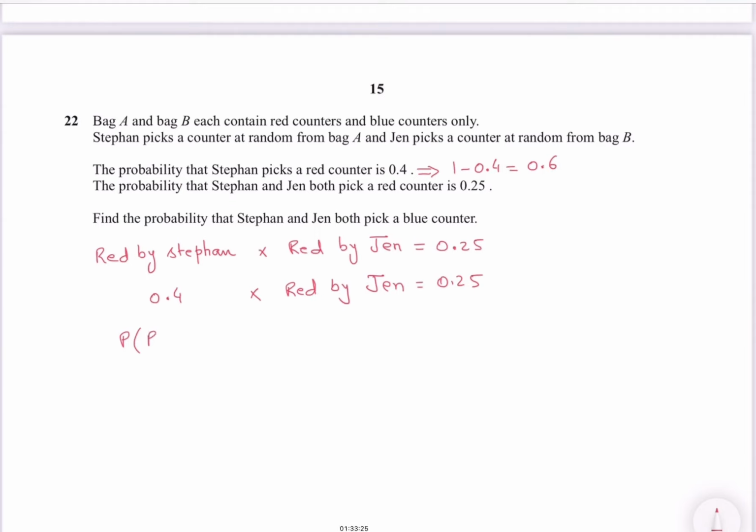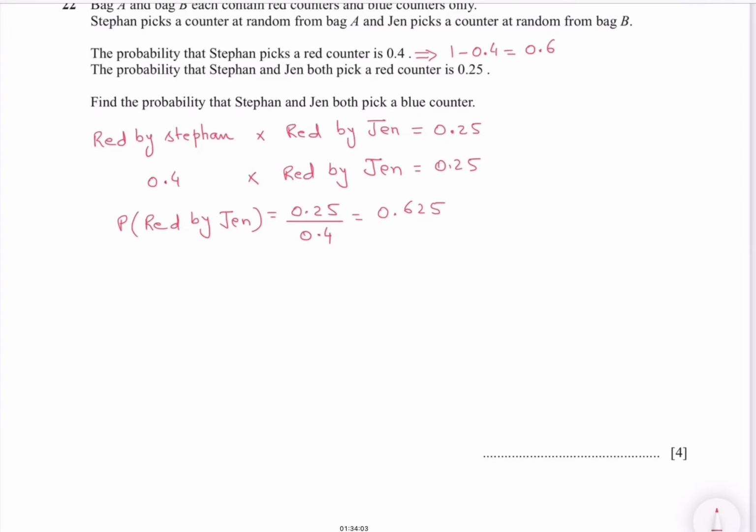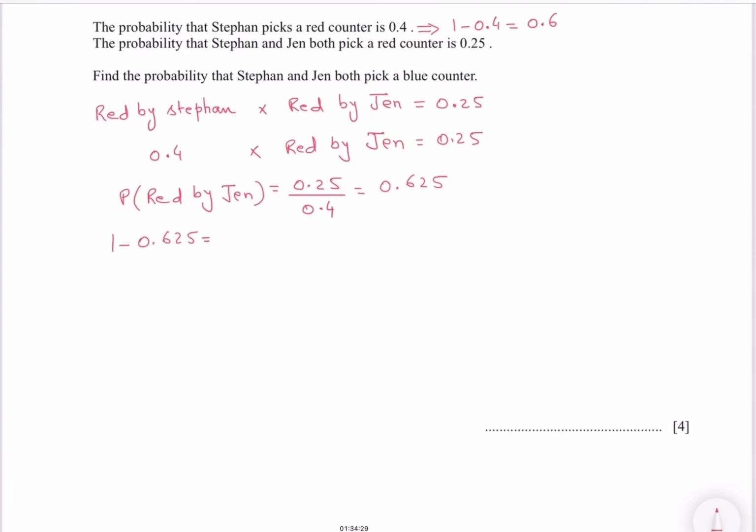So from here you can find out the probability of red by Jen, which is 0.625. So 1 minus 0.625 will give you 0.375. So here, the probability of blue by Stephen and the probability of blue by Jen, that is 0.6 into 0.375, so 0.225. That is your final answer.